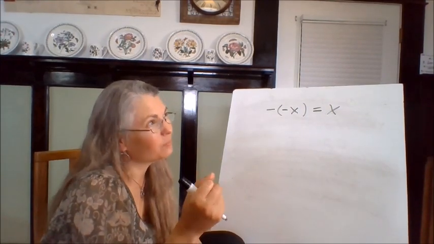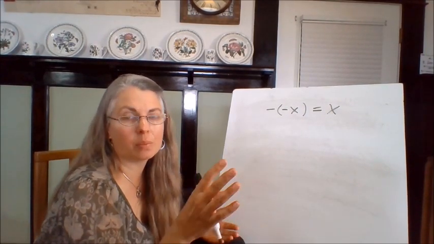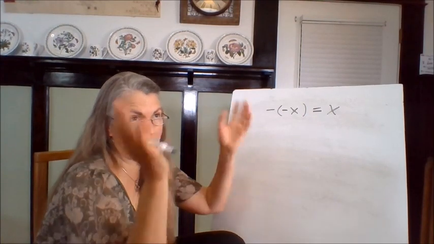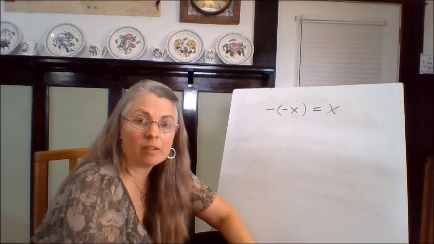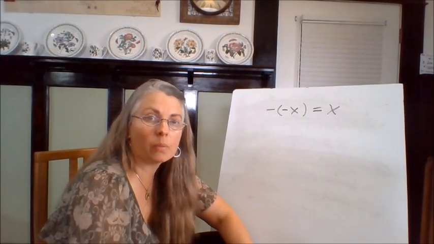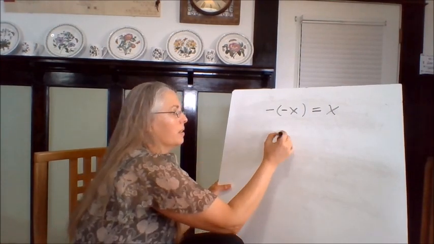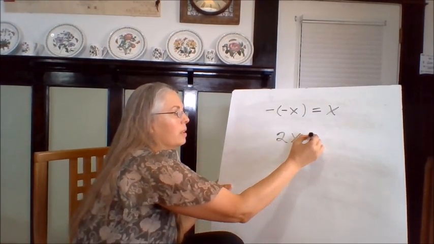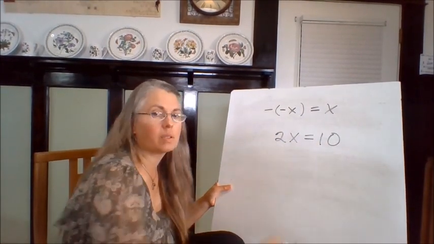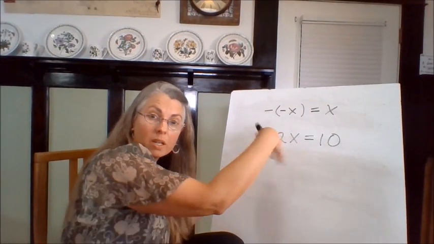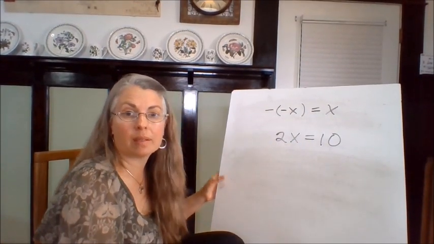So for example, let's say randomly somebody asked you, hey, if you double a number, you get 10. What's the number? All right, so you double a number and you get 10. What's my original number? So there's an equation that represents that statement.